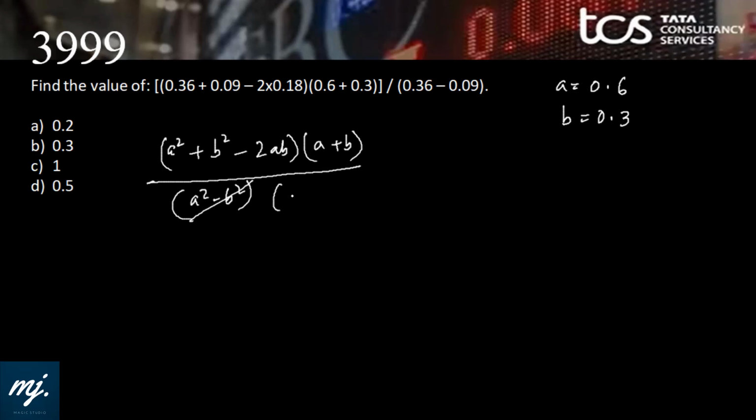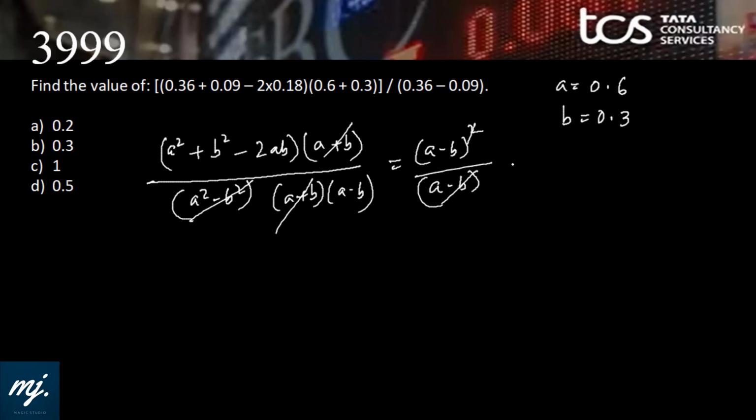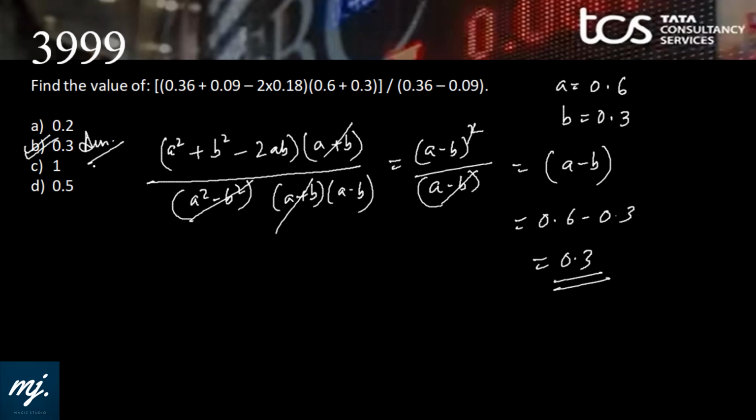A square minus B square is A plus B into A minus B. A plus B cancel out. A square plus B square minus 2AB is A minus B whole square, by A minus B. So the end result would be simply A minus B. 0.6 minus 0.3, that is 0.3. Features in option B.